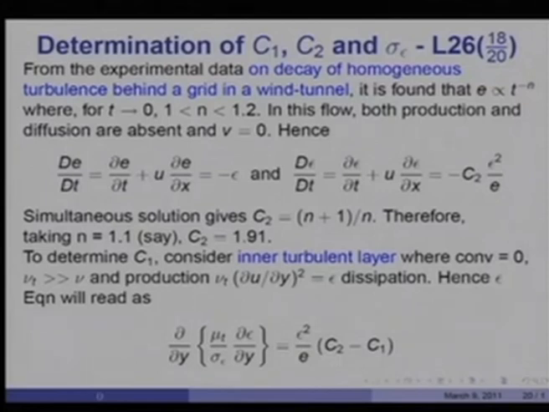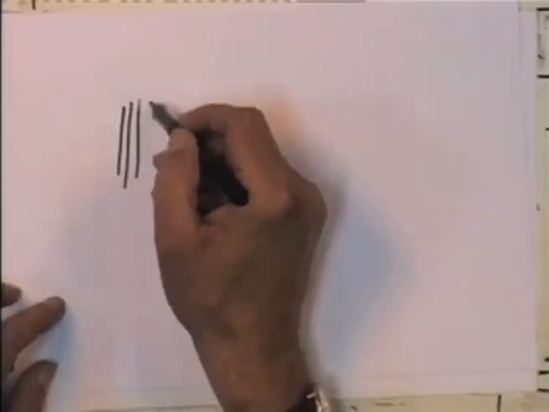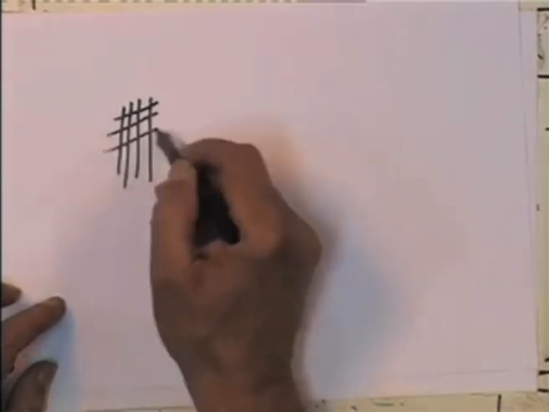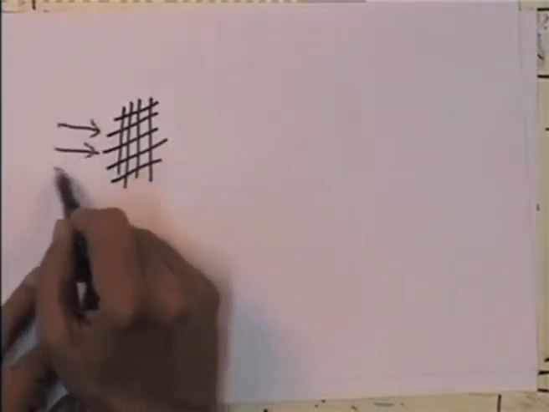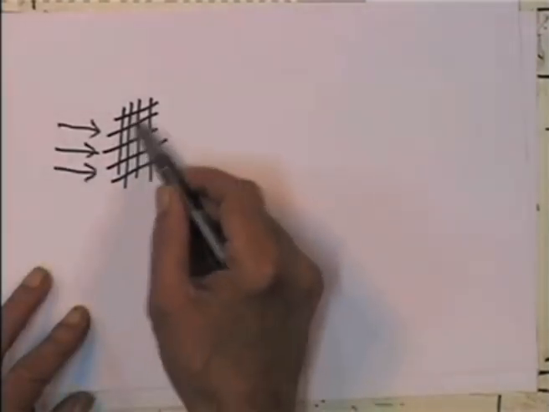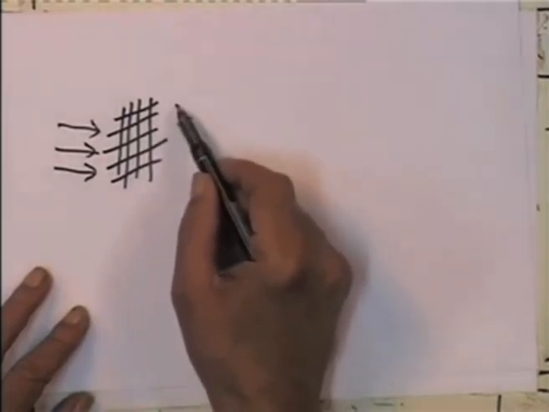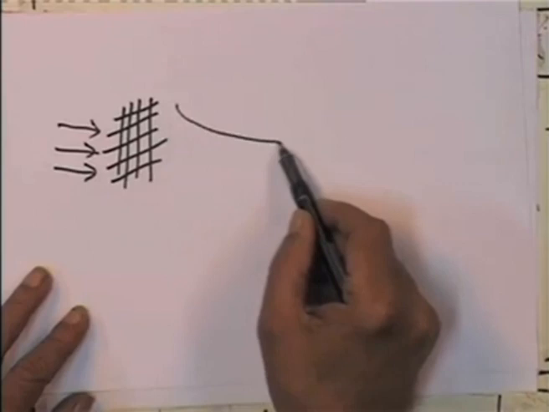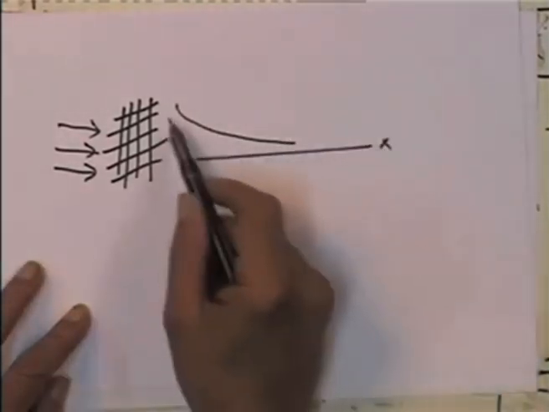So, what is done is that in a wind tunnel, you put a screen like so, and the air flows through the screen, and because of the screen, high production of energy would take place, and the kinetic energy will go on declining with x.